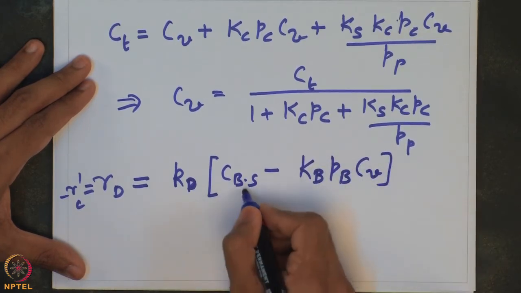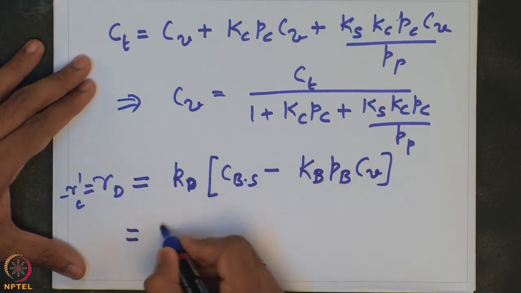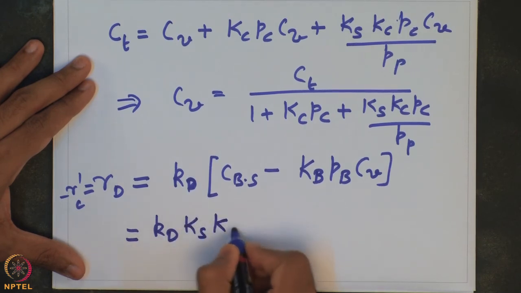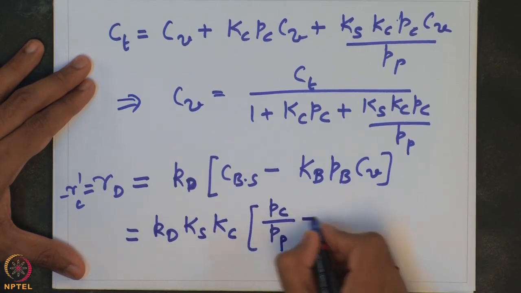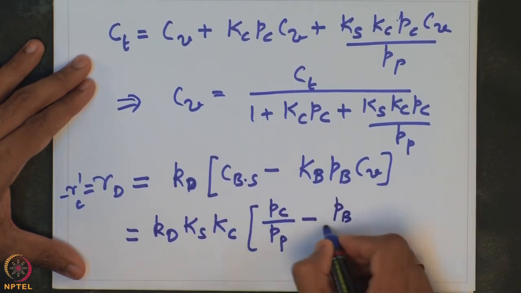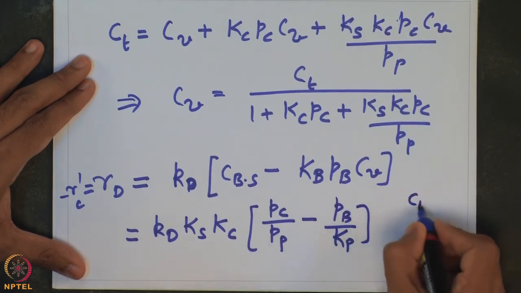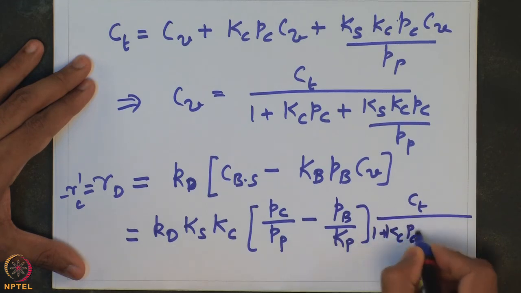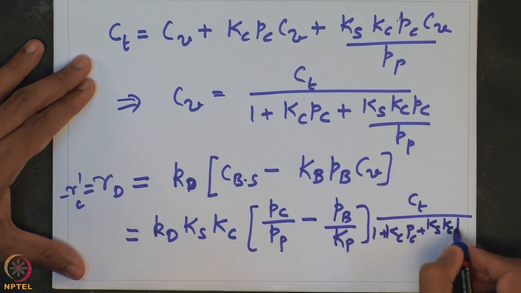Substituting the expression for Cbs and Cv, we find that this is equal to Kd Ks into Kc multiplied by Pc divided by partial pressure of propylene minus Pb divided by Kp, and that into Ct divided by 1 plus Kc Pc plus Ks Kc Pc divided by partial pressure of propylene.